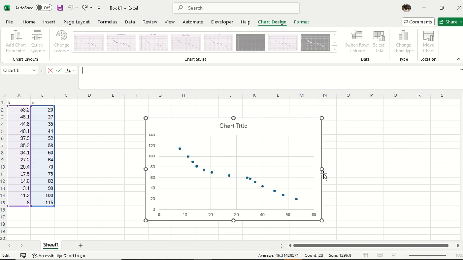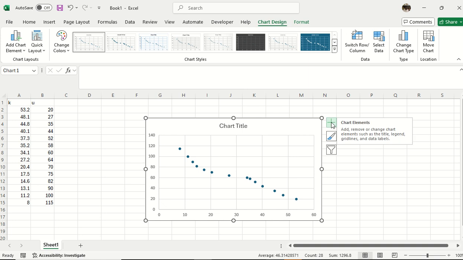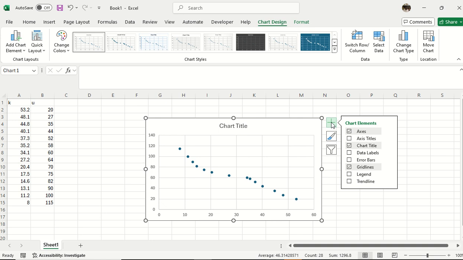Then if you click on the graph, you will see this plus icon. If you go to the plus icon, you see the term here, trend line.